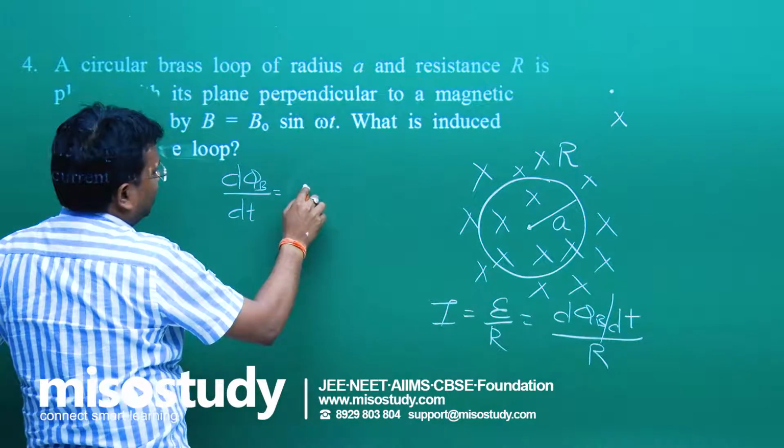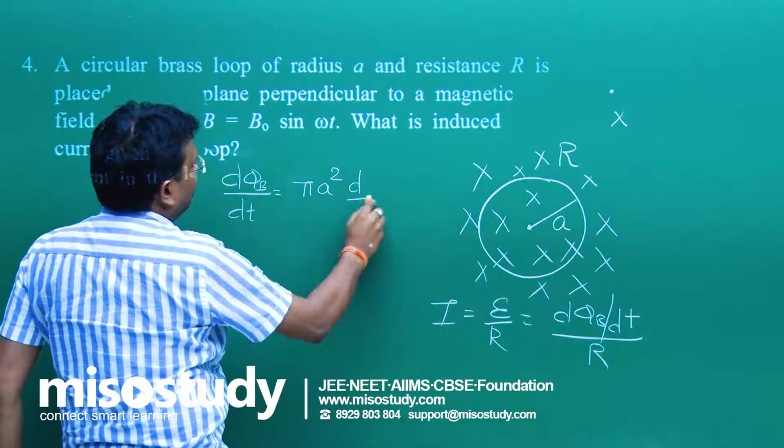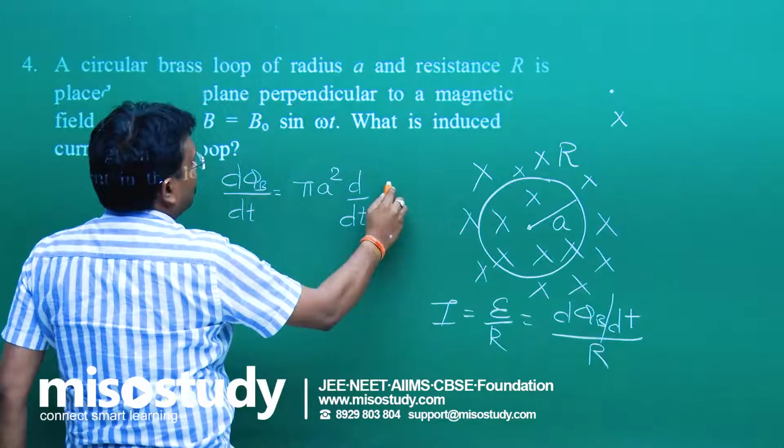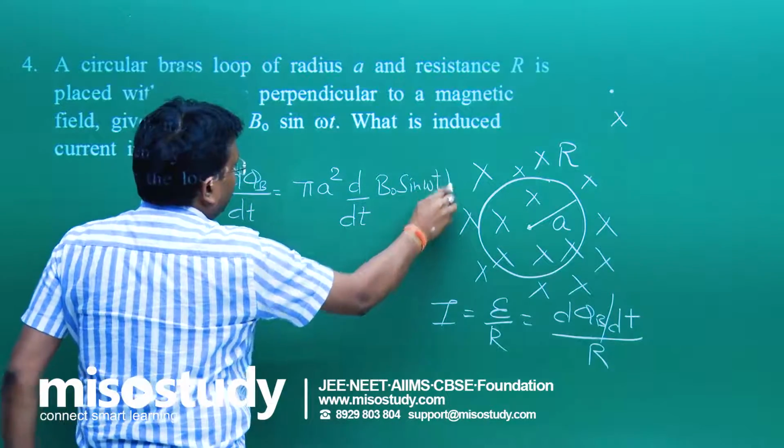So it is going to be pi A square d by dt of B naught sine omega t. Fine.